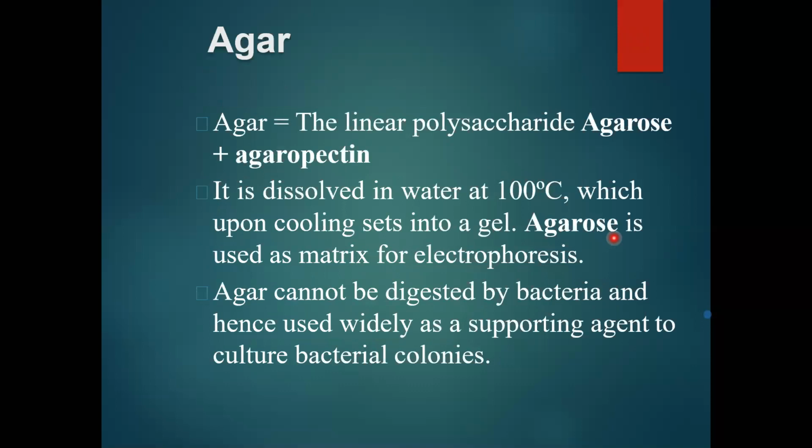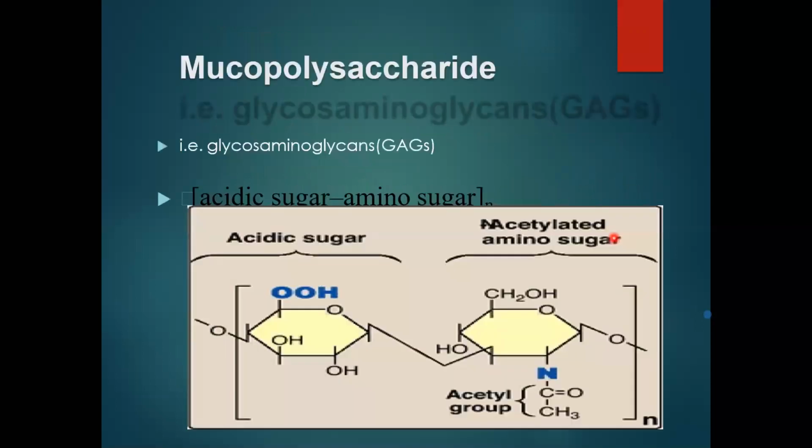Agar is very important, which we use in microbiology laboratories for the growth of cultured bacteria. Agar is the linear polysaccharide agarose plus agaropectin. It is dissolved in water at 100 degrees Celsius, and upon cooling sets as a gel and can be used as agarose gel, which is used in electrophoresis. Agar cannot be digested by bacteria and hence is used widely as a growth medium.